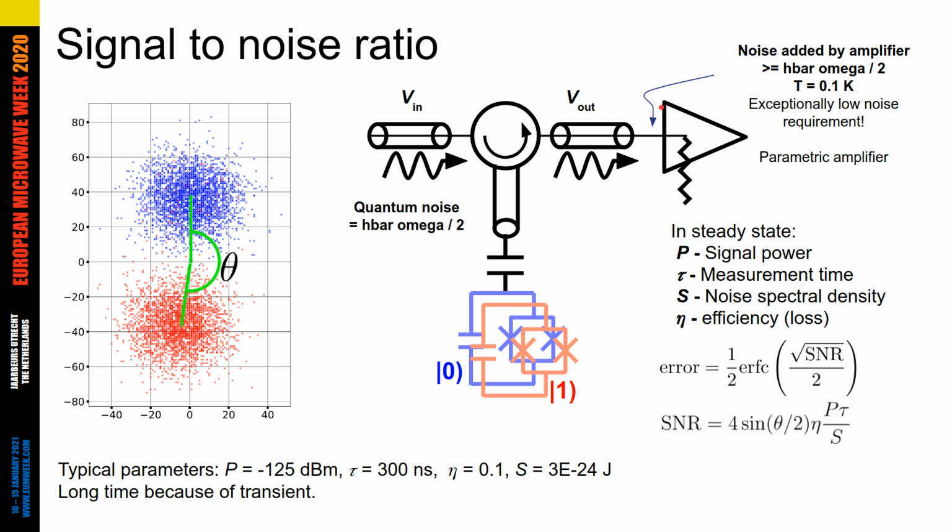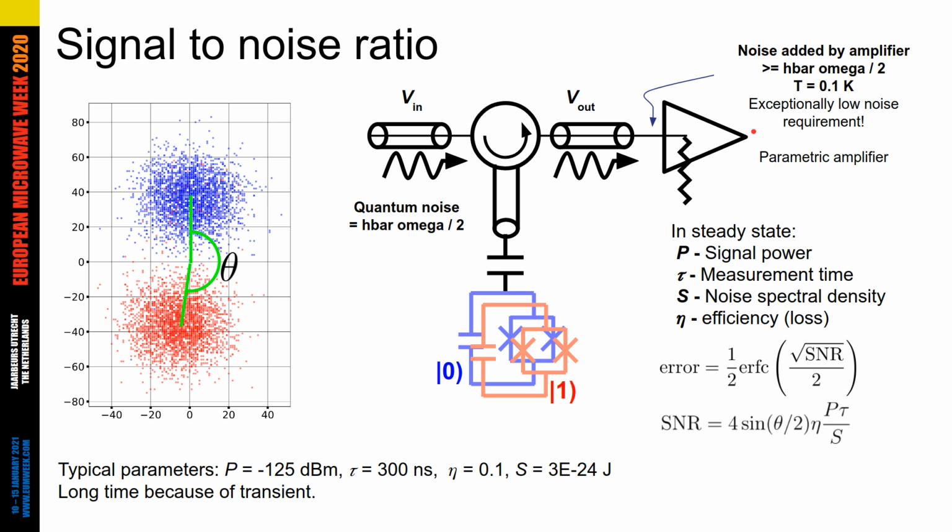Similarly, there's no way to make a linear phase-preserving amplifier that has less than h bar omega over 2 added noise. That corresponds to a noise temperature of 0.1 Kelvin. This comes from basic principles of quantum mechanics, and so that basically means that you can never make an amplifier that doesn't double our system noise here.